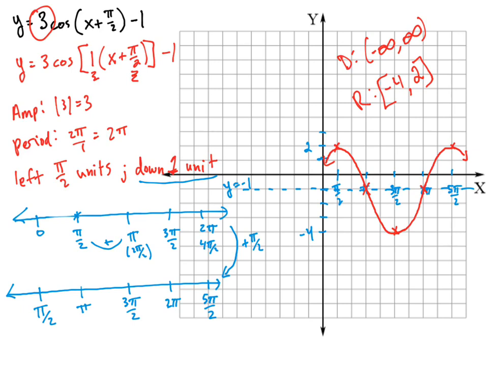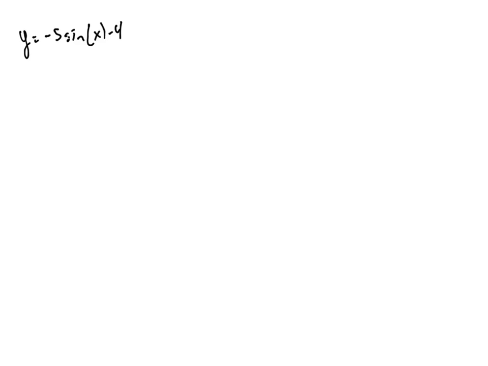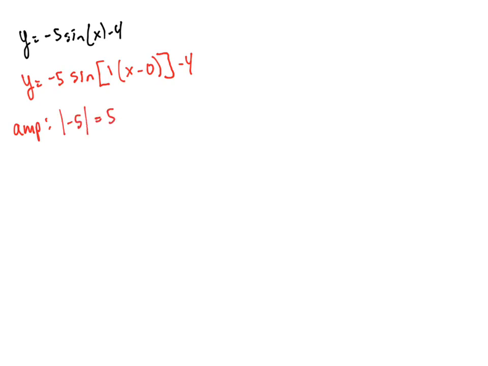All right, and then one last example. y is equal to negative 5 sine of x minus 4. Writing this in standard form. There's no coefficient on x, so we can factor out a 1. There's no c value, so we could rewrite it like this. So the amplitude is going to be the absolute value of negative 5, which is 5.